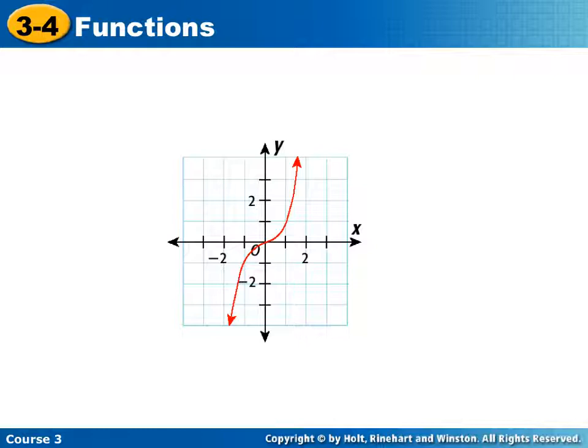As I write my vertical line test, again, I will see that every time I put a perfect vertical line in here, even though my lines seem a little off, I will only hit my graph line one time. It does not matter where I put my vertical line, I will only hit it in one spot. So what that means is this is a function.